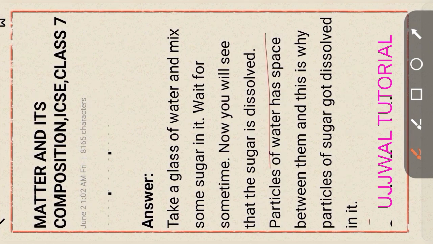Practically, the particles of water have space between them, and this is why the particles of sugar get dissolved in it. That is, sugar dissolved in water. Sugar is one type of solid, and the liquid is the water.